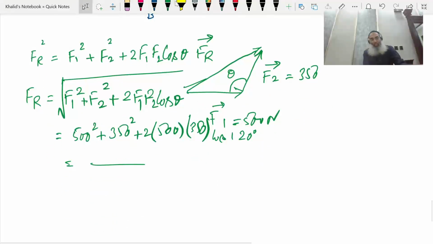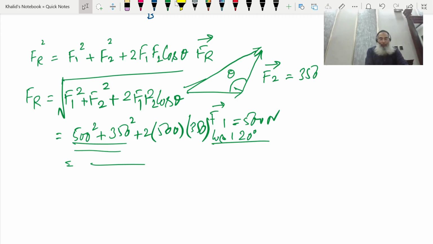And remember one more thing. Here, as you can see, cos 120 degrees is negative, because the cos of any angle greater than 90 degrees is negative. So this whole part will be negative, so we subtract it from these two.